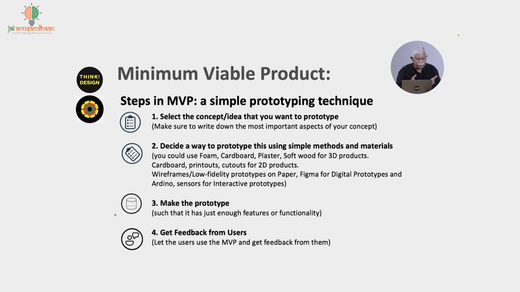Wireframes, low fidelity prototypes on paper, Figma for digital prototypes, and if it is interactive, you can use Arduinos or sensors for interactive prototypes. Also make the prototype such that it has enough features and functionality to get feedback, and give it to the users and get feedback from them, and then decide what to do next. So, that is minimum viable product.